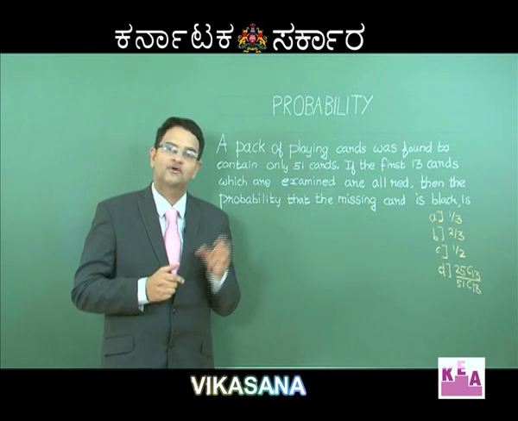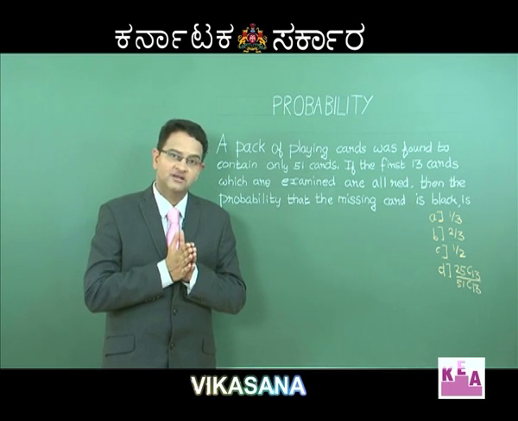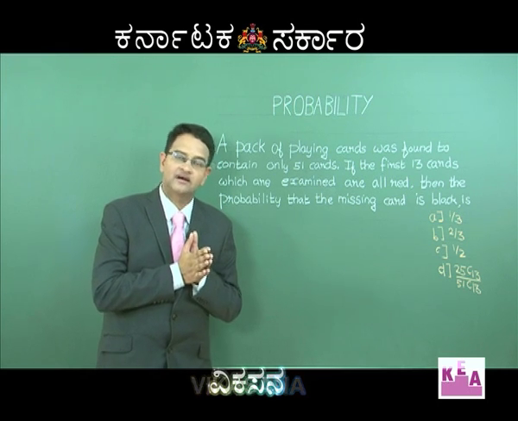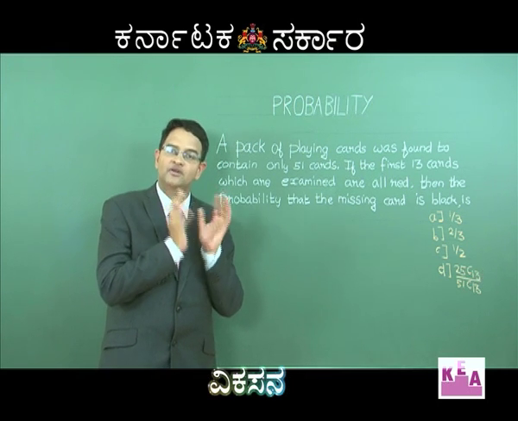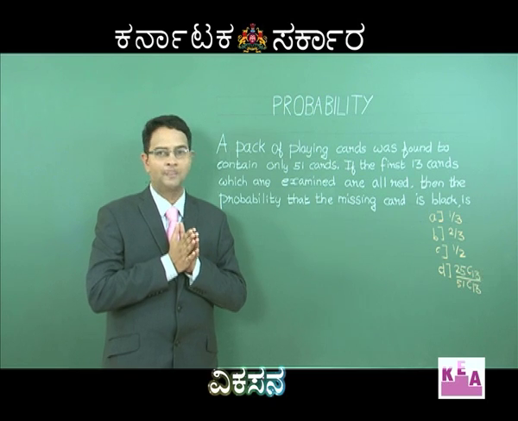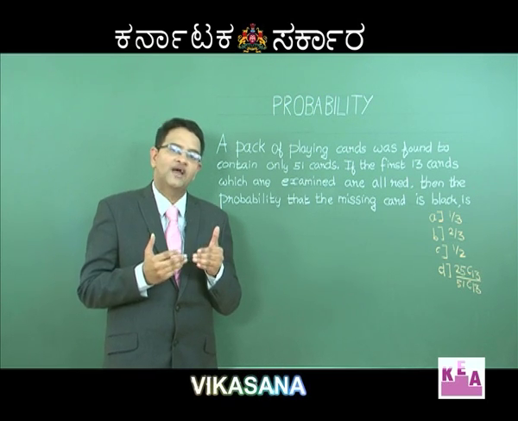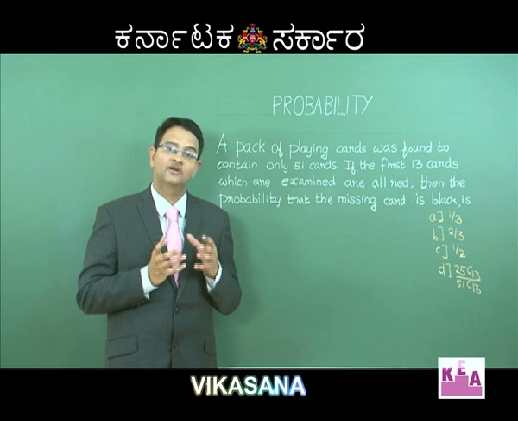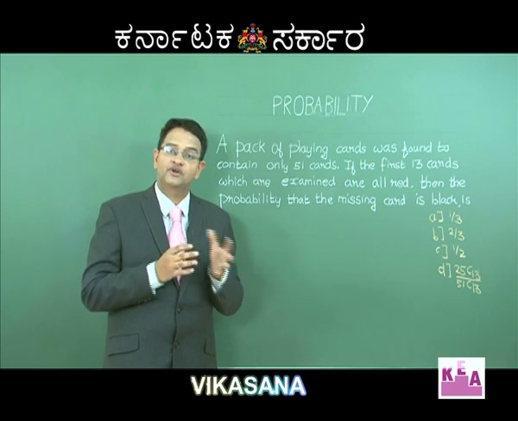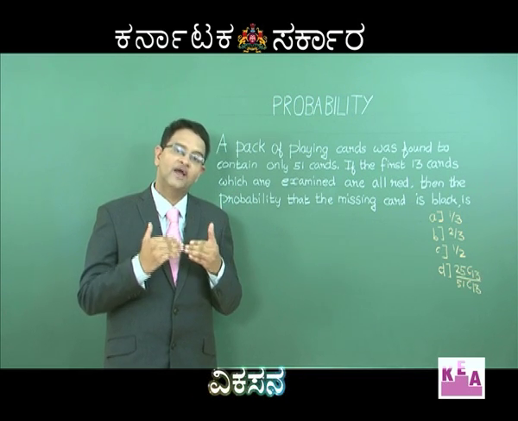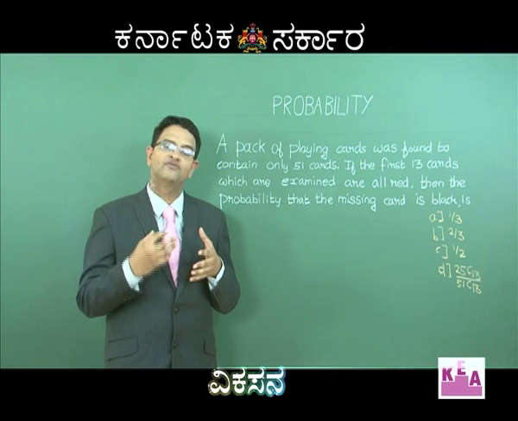Why is it so? Because we have 26 red cards and out of which we have drawn 13 red cards. So the number of favorable outcomes is going to be 26C13. And in the denominator normally we would have 52C13 if we had all the 52 cards in place, but because now we have 51 cards, it's going to be 51C13.